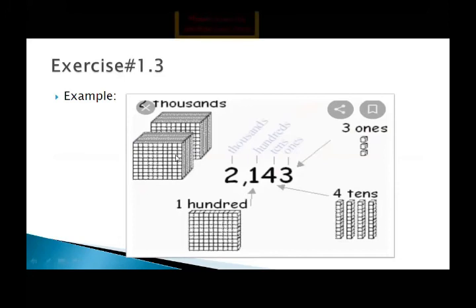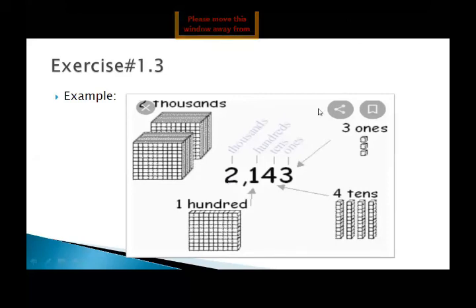One single box consists of 1000 blocks. So how many boxes are given here? 2000, because one box consists of 1000 blocks, and another box consists of 1000 blocks. So in the place of thousands, what digit will come? 2, because two boxes of 1000 are given here.